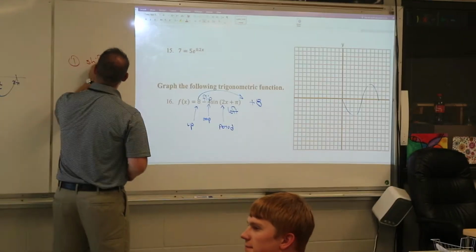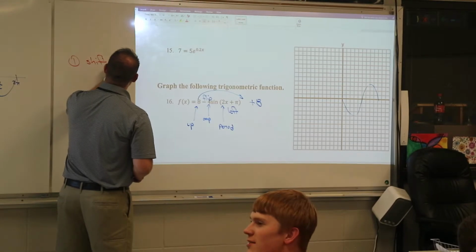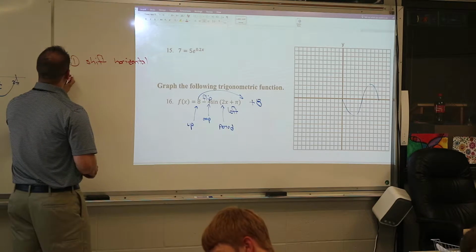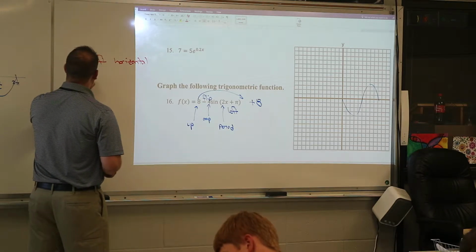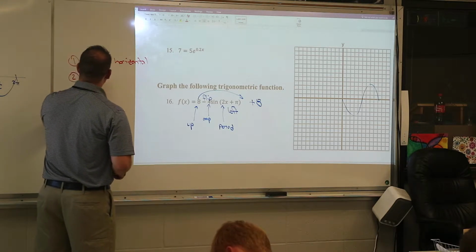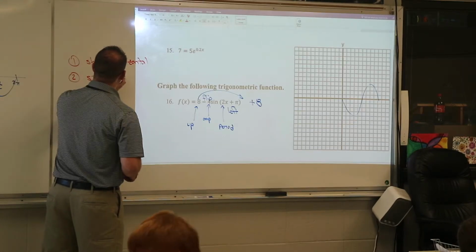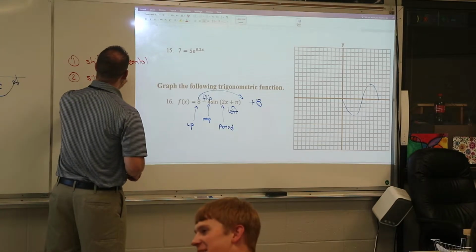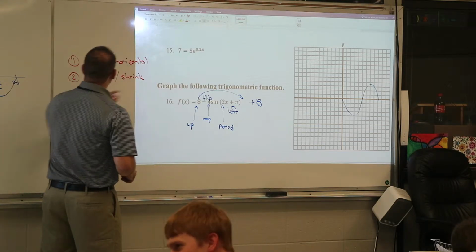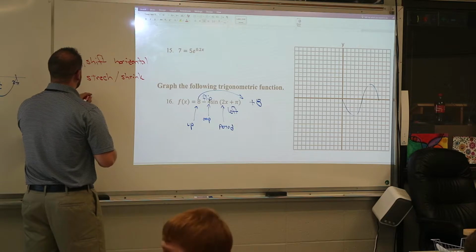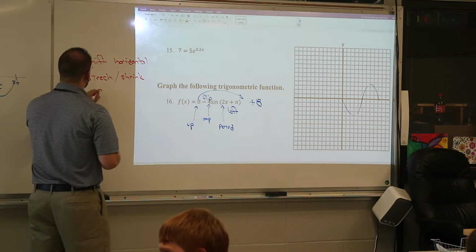Number 1 is the shift for horizontal, then number 2 is going to be a stretch or a shrink. Then number 3 is gonna be the actual reflection.